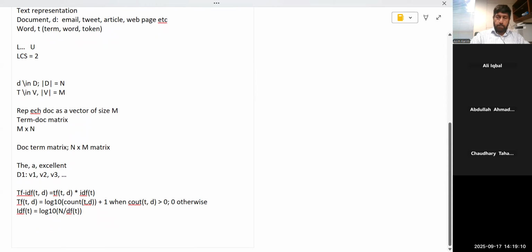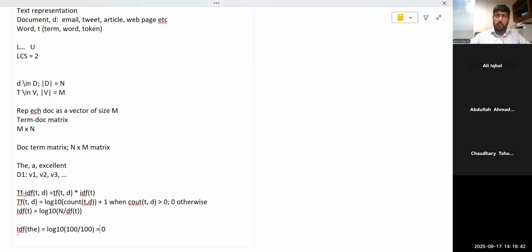So what happens? Let's say IDF of, let's say I take the word D, just as an example. So log 10, okay. Let's say you have 100 documents. So the word D usually would occur in almost every document, right? It's a popular word in English. What do you get?